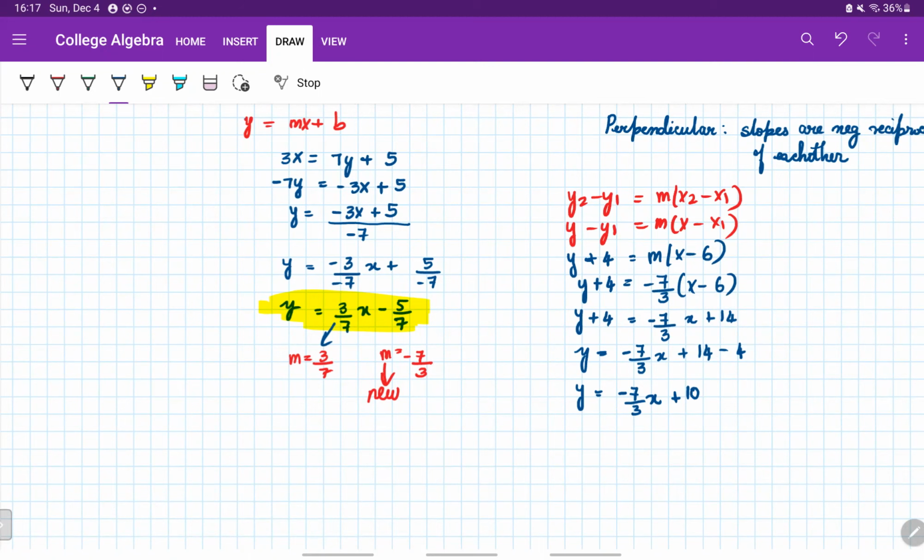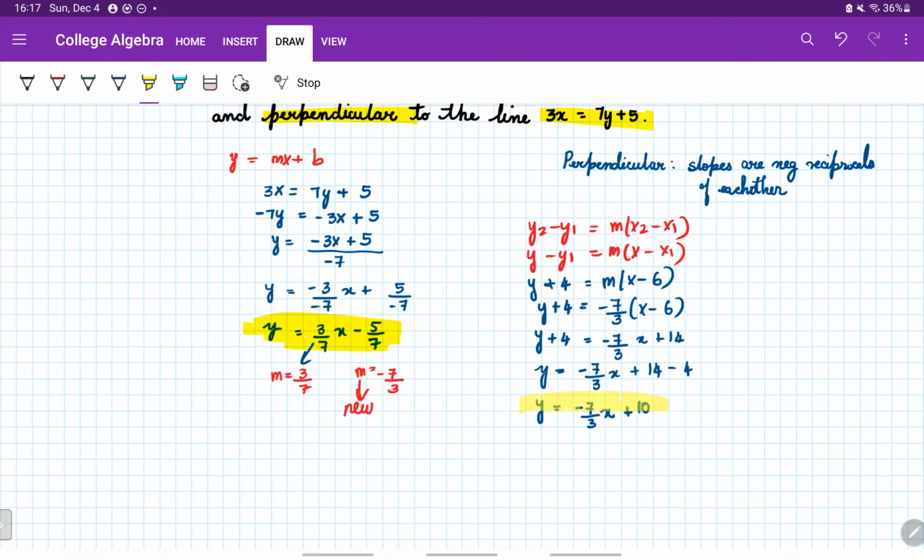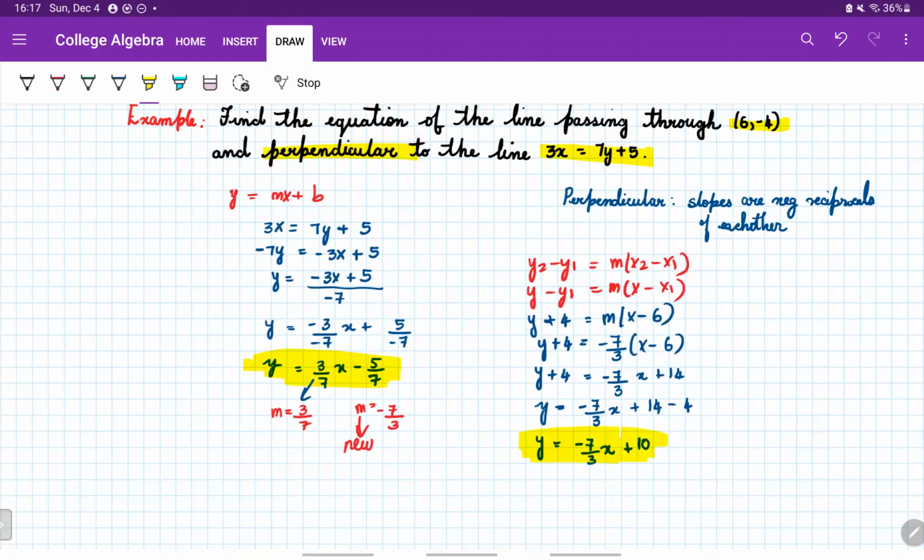So this is our equation, which is the equation of a line which is perpendicular to 3x = 7y + 5, and it passes through (6, -4). How do we check if this is actually the equation?